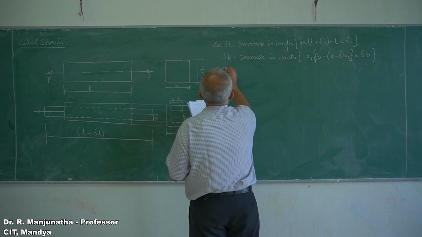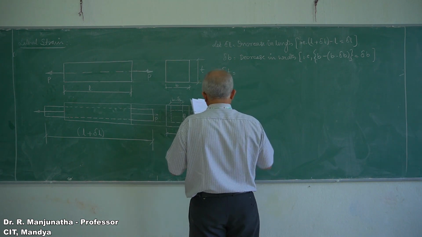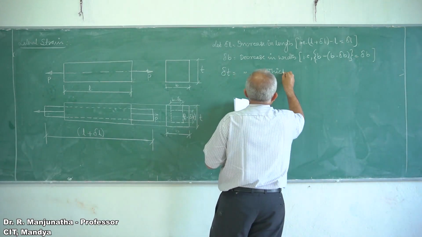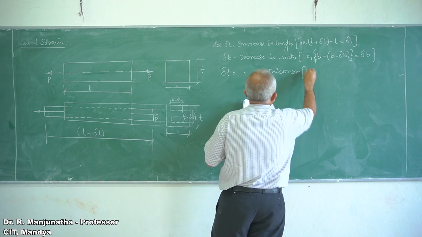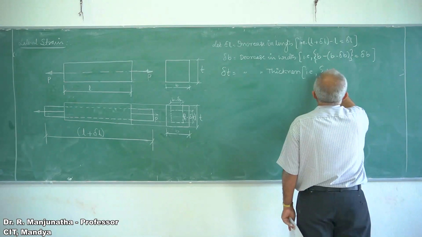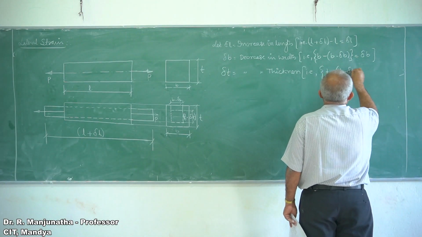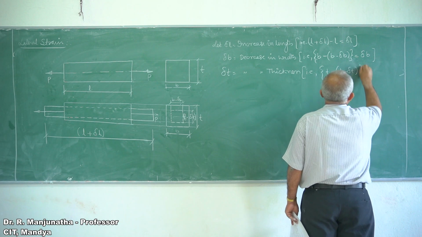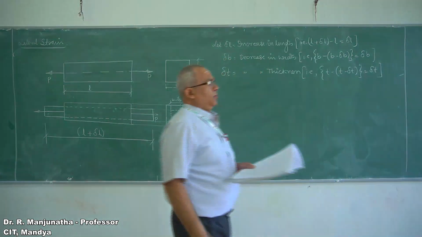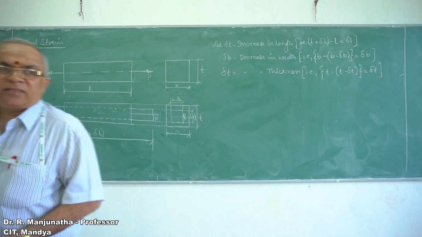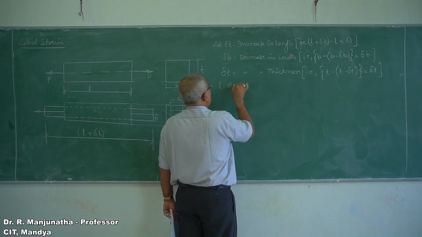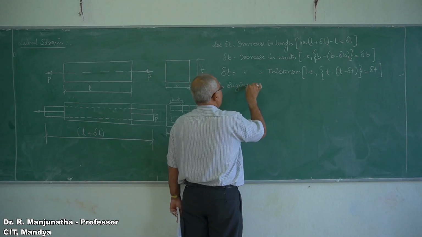Similarly, delta T, that is the decrease in thickness. Again, the original thickness minus the final thickness, that is T minus T minus delta T, which will be equal to delta T. Now let L be the original length of the body or the member.